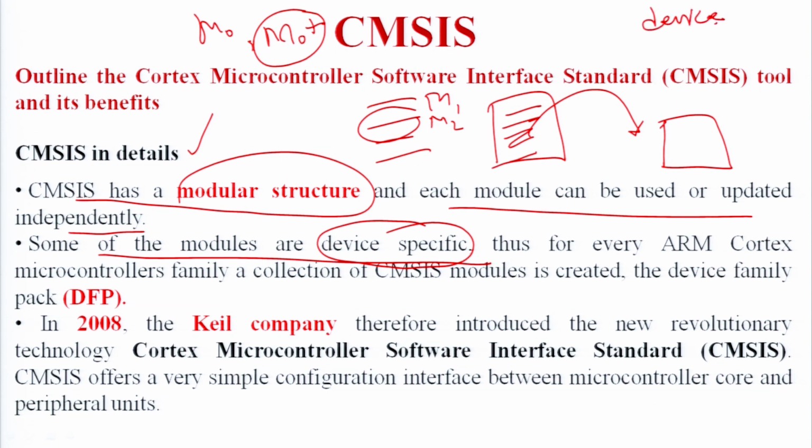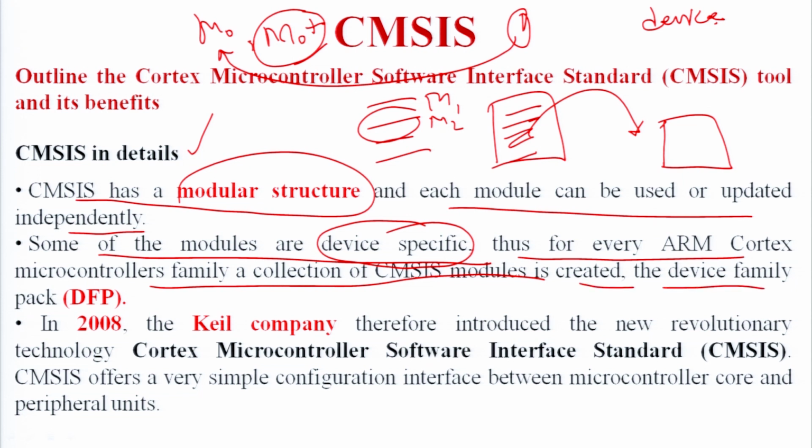For example, module number 1 may be compatible with the M0 but not with the M0 plus. So for a particular microcontroller, some modules may be specific to that microcontroller. Thus for every ARM Cortex microcontroller family, a collection of CMSIS modules is created, the device family pack, DFP.